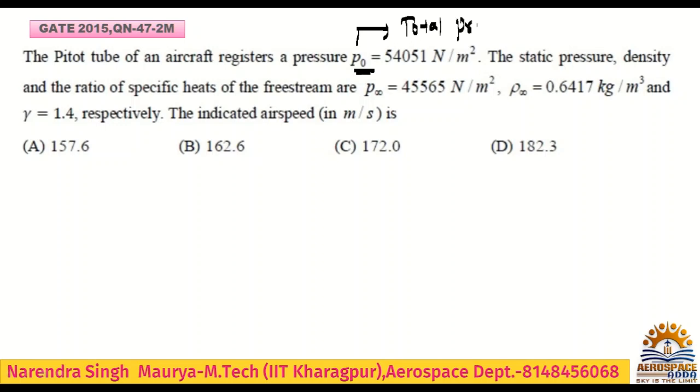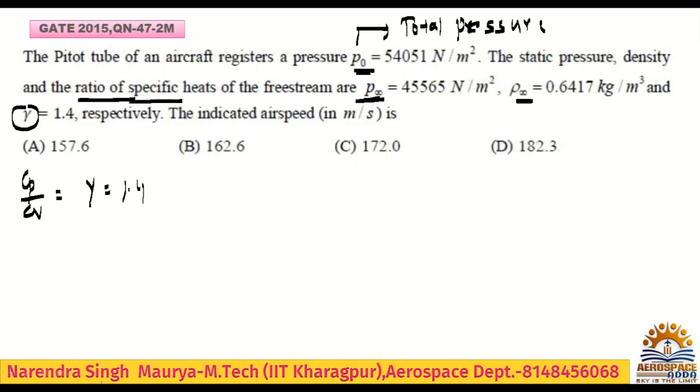Then the static pressure, the density, and the ratio of specific heats of the free stream. The ratio of specific heats, Cp by Cv, is gamma, given as 1.4.